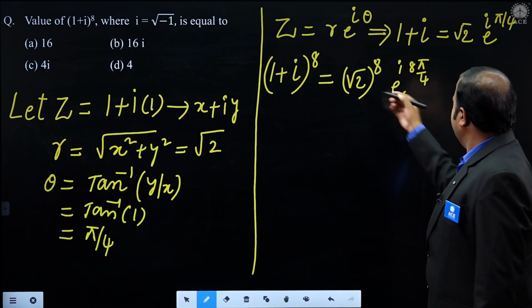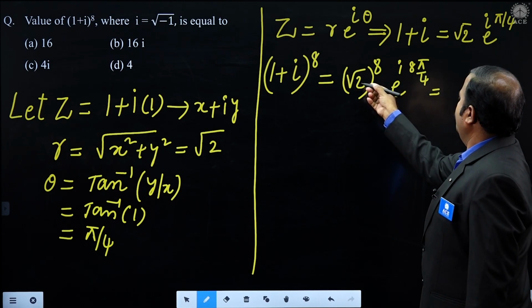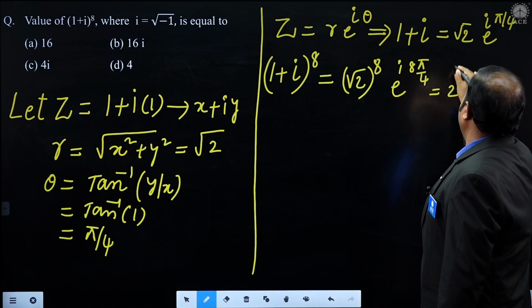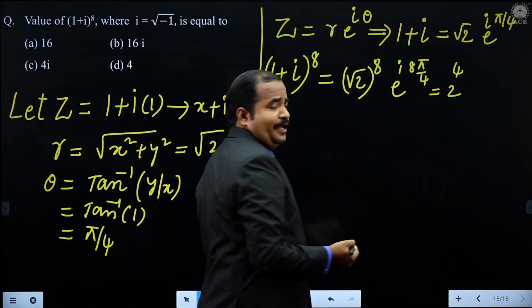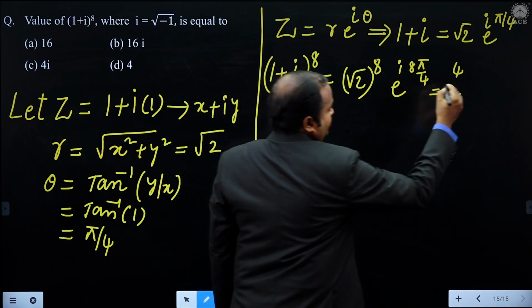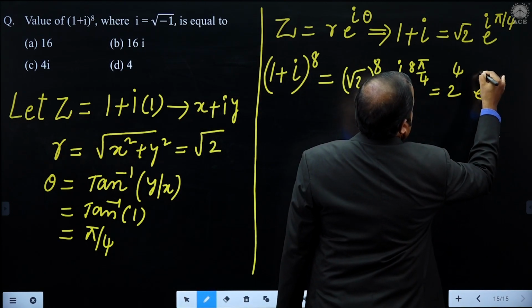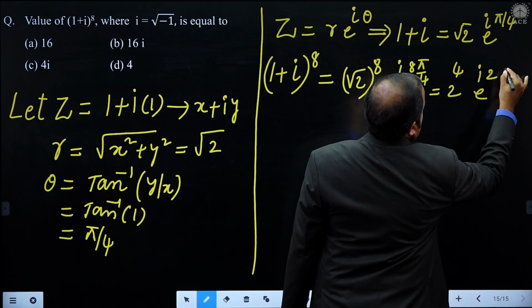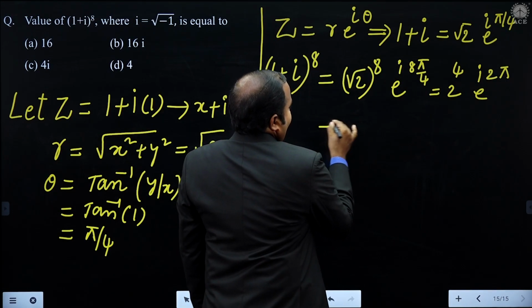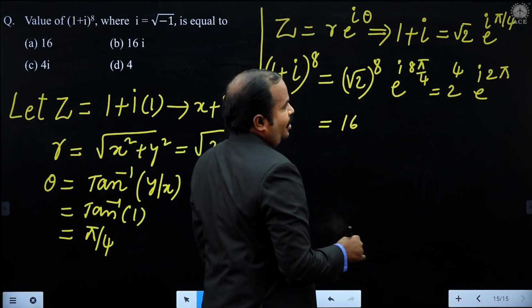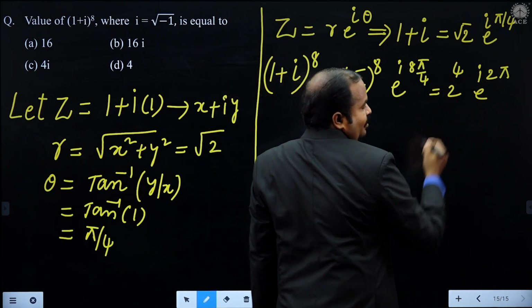So, it is equal to root 2 power 8 means 2 power 4 only, and e raised to i times 8 pi by 4 means what? E raised to i times 2 pi only. So, this is equal to 16 only, and this is e raised to i theta.